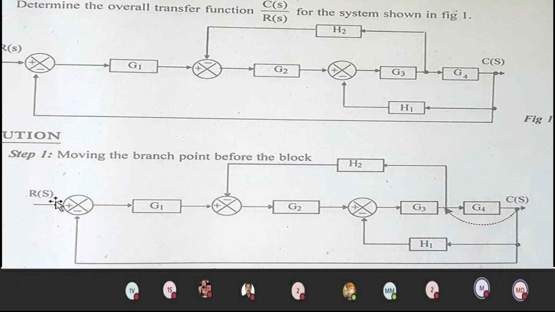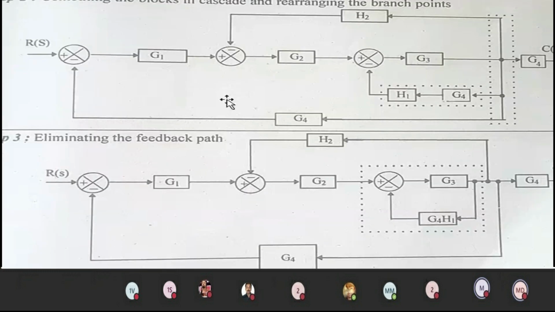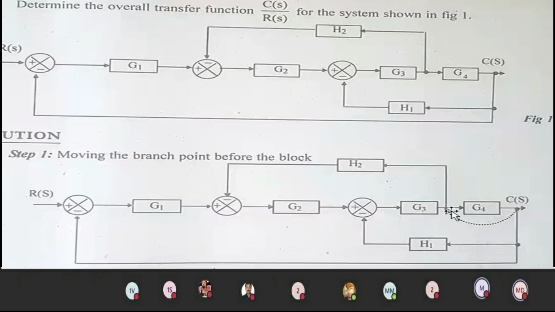Sorry, you're going to move the summing point ahead, before G4. So when you move before G4, you need to multiply with G4. So H1 has to multiply G4. H1, G4.